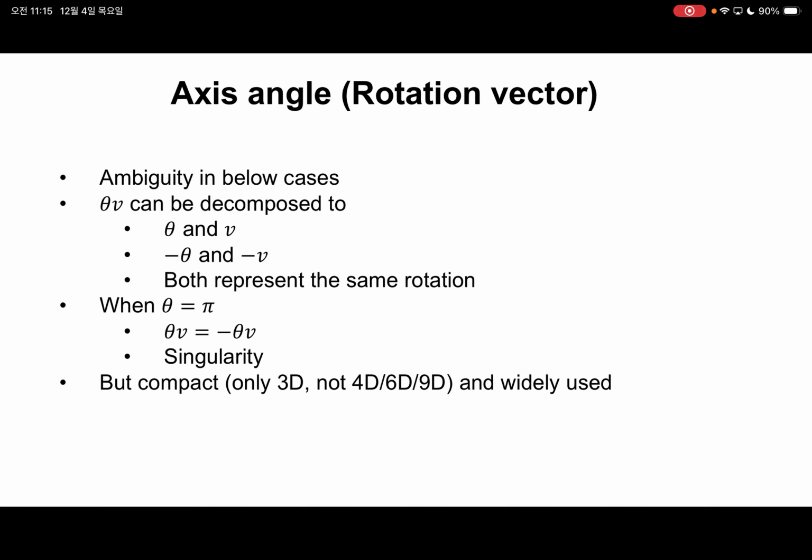The axis angle also has ambiguities. The first one is that theta v can be decomposed into theta and v, or minus theta and minus v. Both represent the same rotation, but they have different rotation axes and different angles, because they have different signs. Also, when theta is equal to pi, then theta v and minus theta v are the same.